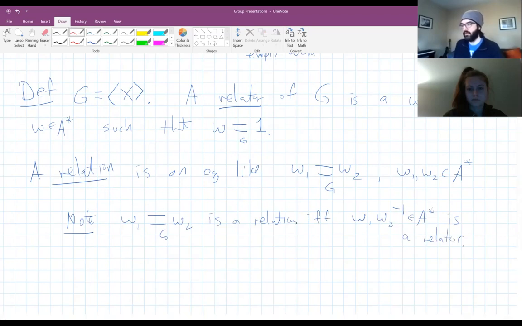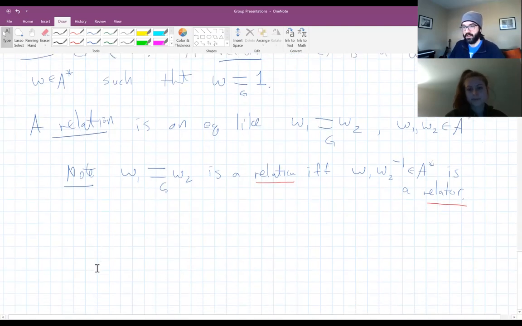So this is an important distinction, the difference in a relation and a relator. A relation is just an equation. A relator gives you an equation, and a relator is something that's just the identity. Okay, questions?